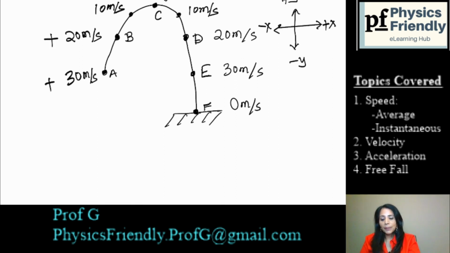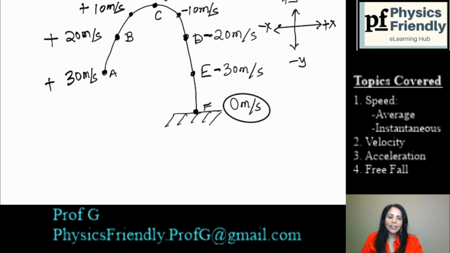Plus 20 meters per second, plus 10 meters per second, and then negative 10 meters per second. Remember, velocity is a vector. It has to have a direction. So negative, because it's moving in negative y direction, negative 20 meters per second, negative 30 meters per second, eventually coming to a halt, or velocity becomes 0 at this particular point.